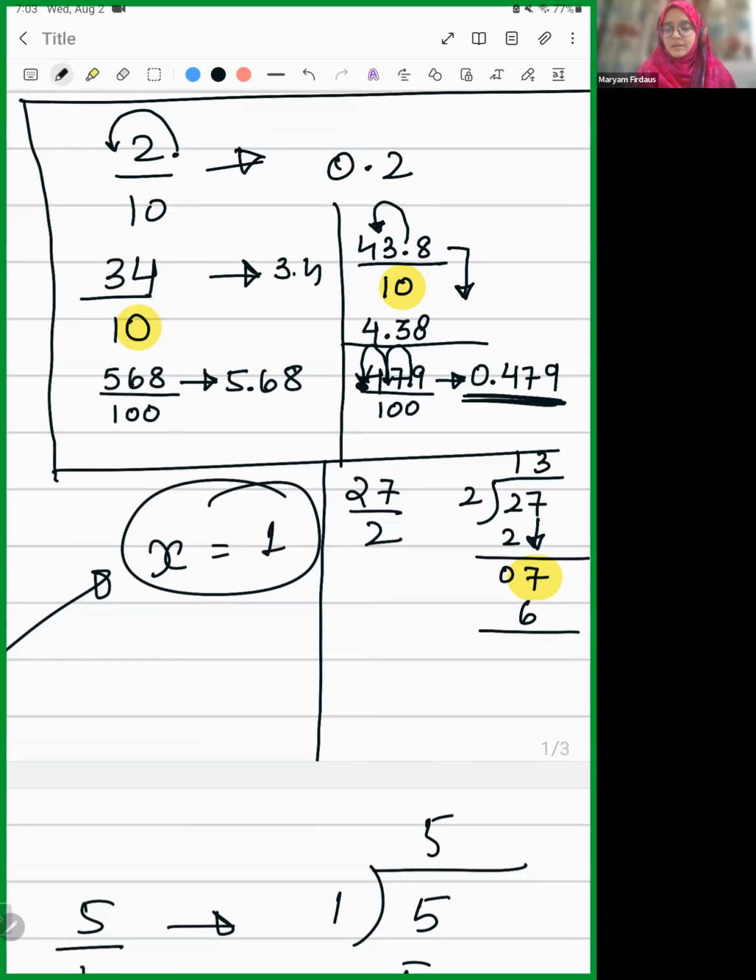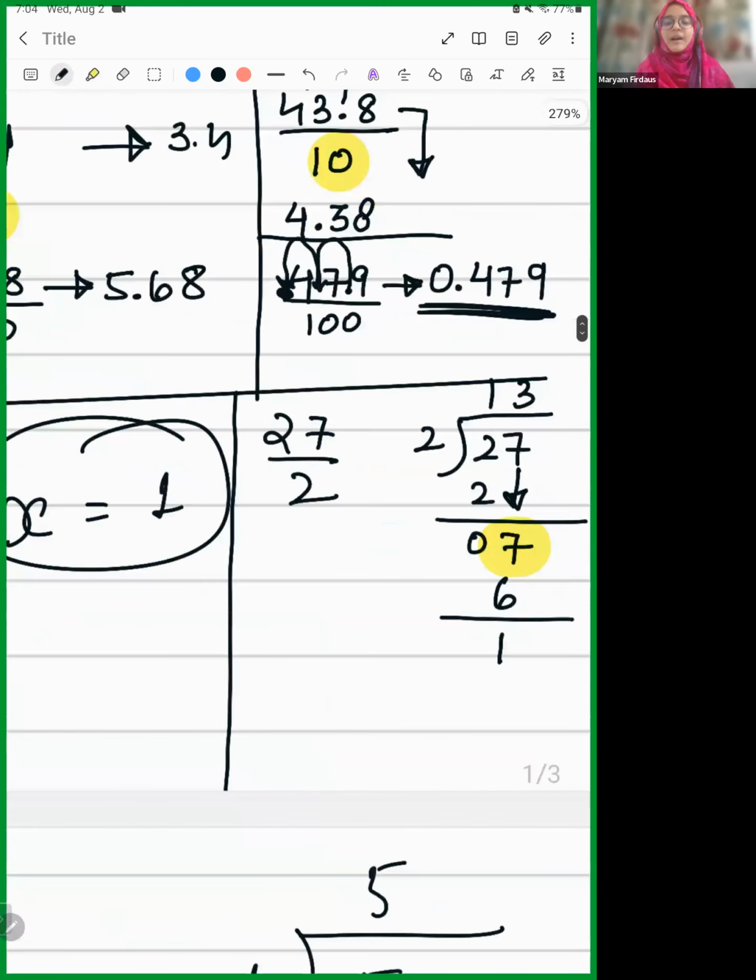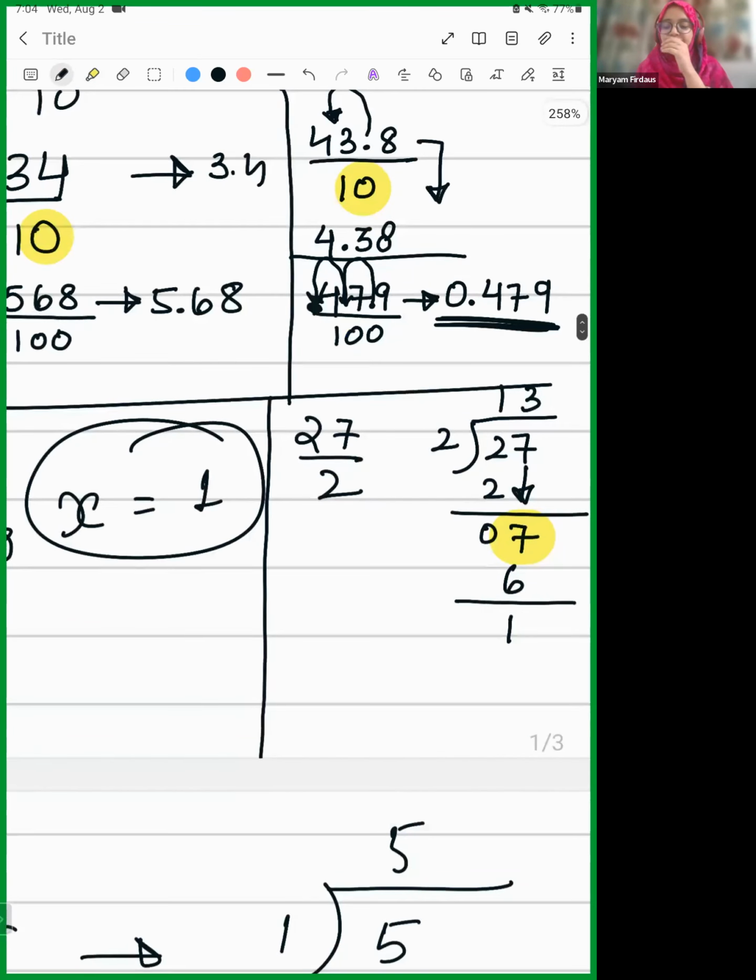Then we'll put a point. We are left with 1, but we are not in 4th grade anymore, so we will divide this further and put a decimal. We put a point here in the quotient and a 0 here at the end. So we get 2 5s are 10. So now our answer is 13.5.